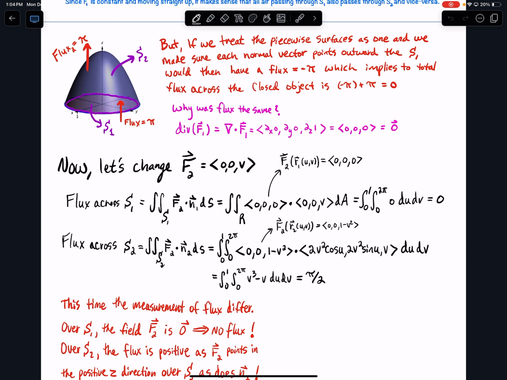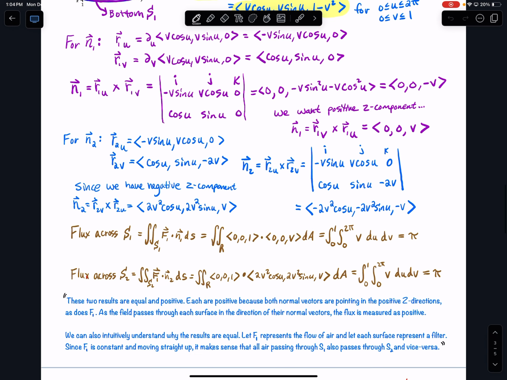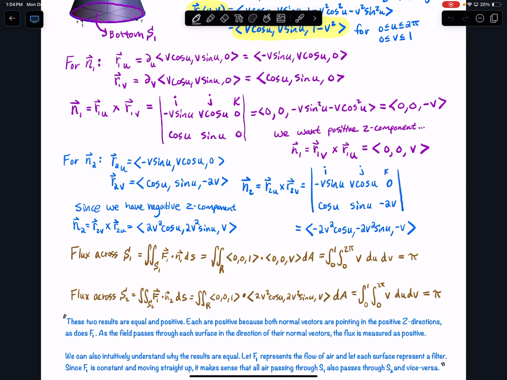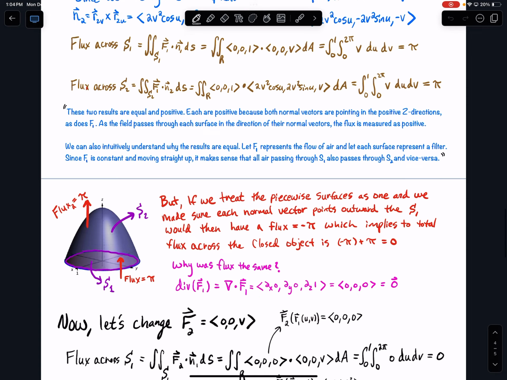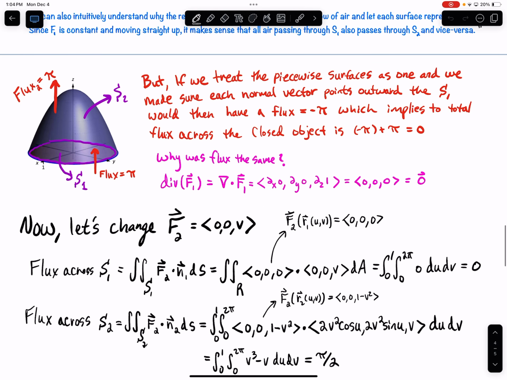Does that make sense? When we calculated that flux, we got pi for the unit circle, but it was flowing upwards. So now we're pointing outwards, so that means we're going to point down, so in the opposite direction it's going to be negative, which implies the total flux across the closed object.